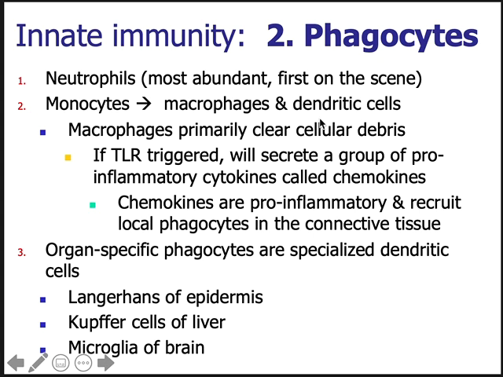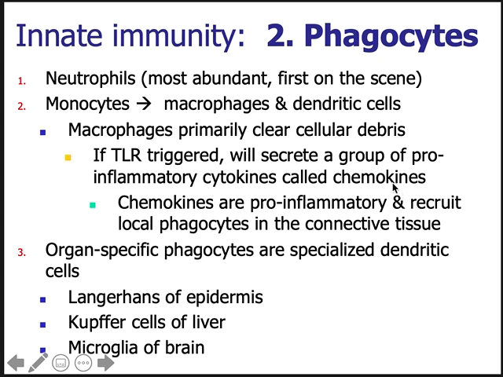Okay, so if they do, so remember, normally they're just clearing debris. Cells die, break down, right? But if a TLR, toll-like receptor, does get triggered, then the macrophage or even the dendritic cell is going to secrete these pro-inflammatory cytokines called chemokines.